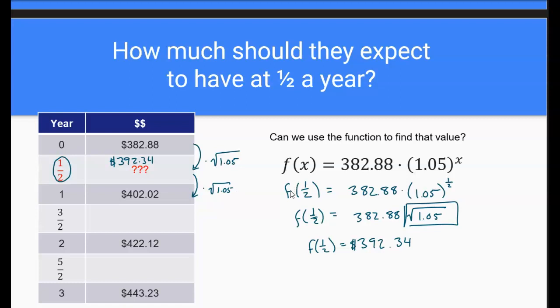That's approximately 1.0247. So we could call that our multiplication factor if we wanted to. Multiply by 1.0247. So if we wanted to find all these individual half years, that's all we'd need to do, multiply by 1.0247. Or we can use the function.